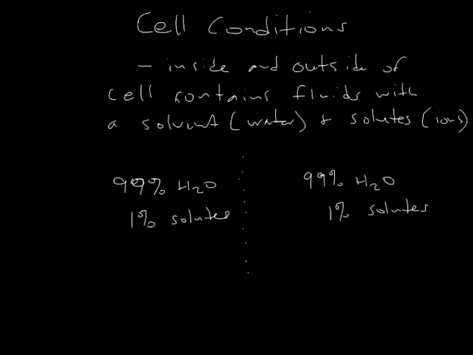Cells inside and outside have fluids with a solvent, water, and solutes. The condition where the amount of water and solutes inside the cell are equal to those on the outside of the cell is known as the isotonic condition.